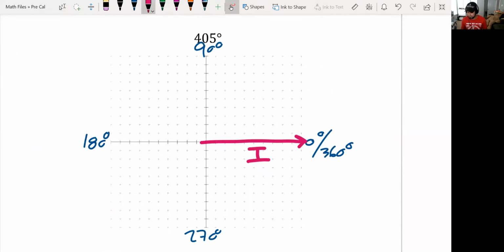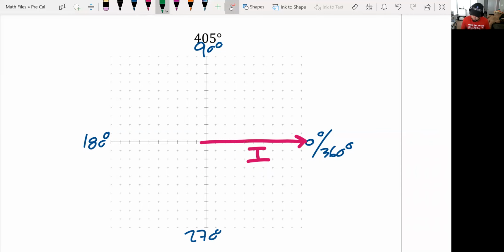And 405 is definitely over a revolution. It's over 360 degrees. So this means that when we graph 405, we do 360 degrees, and then we have to go an extra, whatever 405 minus 360 is, that's 45.